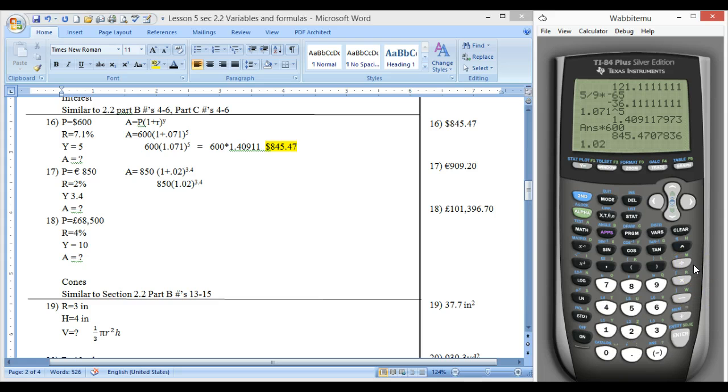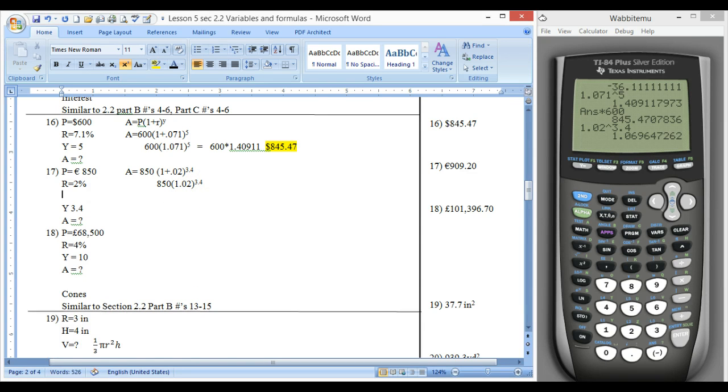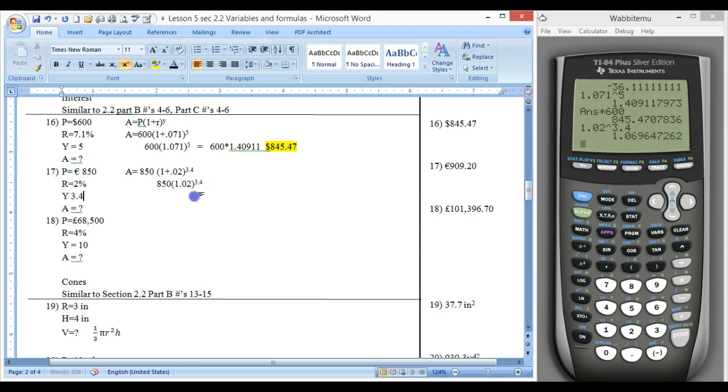Now I need to do the exponent, raise it to 3.4. And so my next step is going to be 850 times 1.0696, and it goes on for a while.